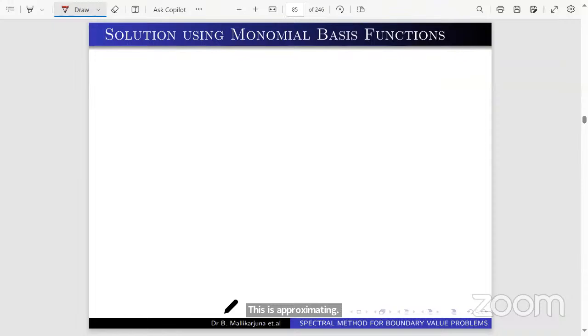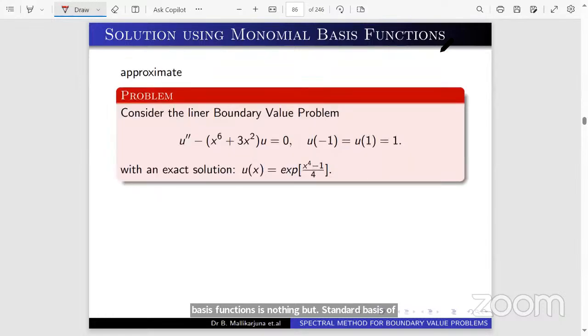Okay. So now, first, I would like to try this methodology for a simple equation, step by step, how we are going to implement it for simple problems. Let us see using monomial basis functions. Monomial basis functions are nothing but the standard basis of the vector space of polynomials.